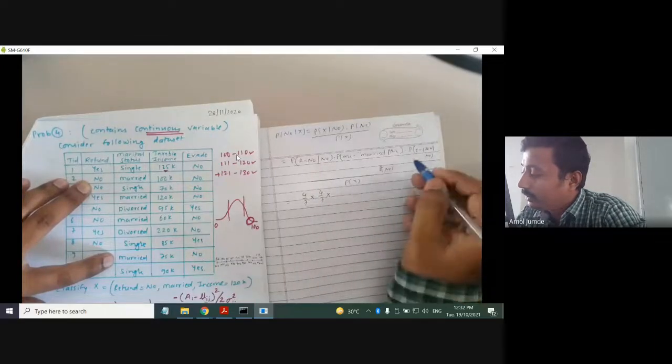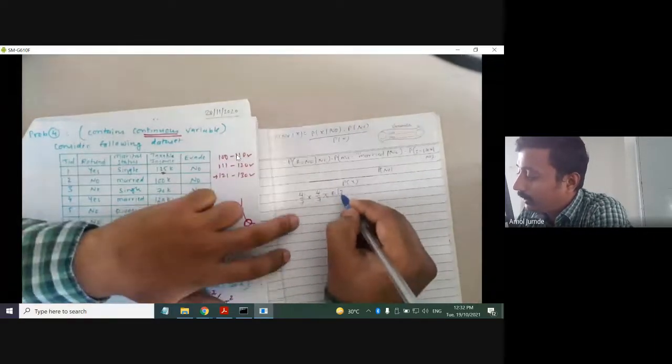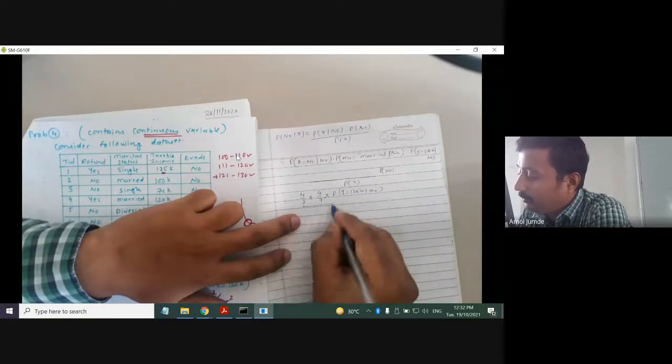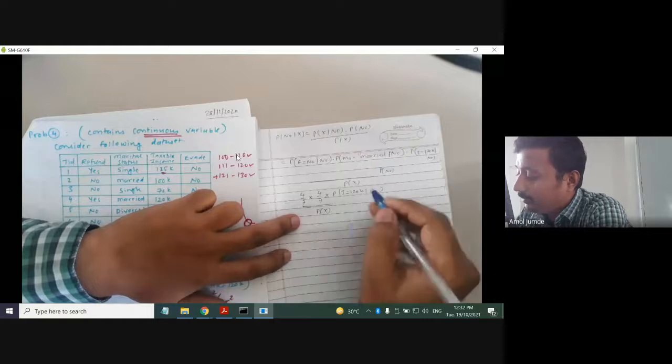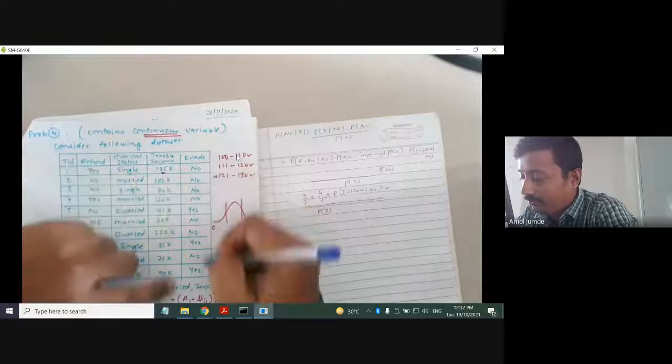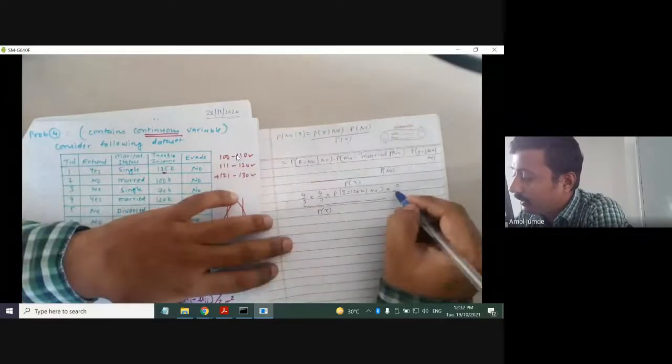Into this we have to calculate income equals 120k given no. Till this point everything was similar to the previous problem. Probability of no: out of 10, 7 are no, so 7 by 10.